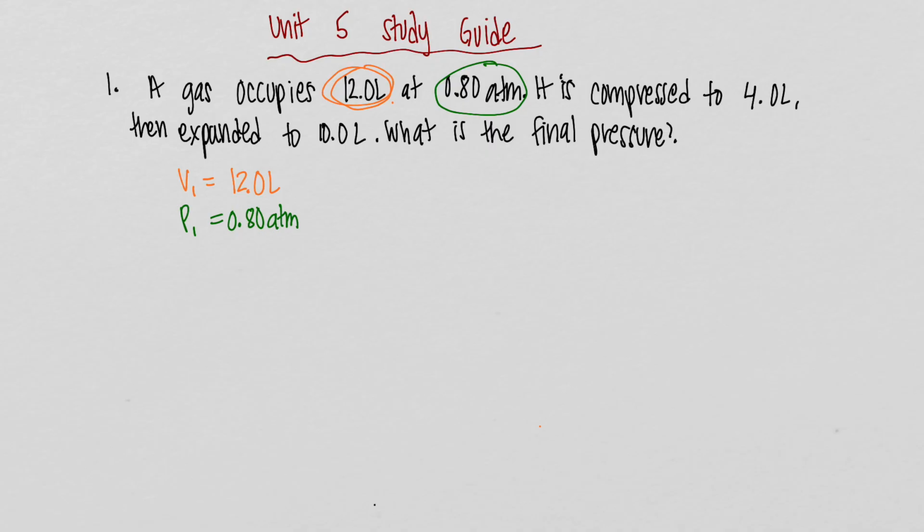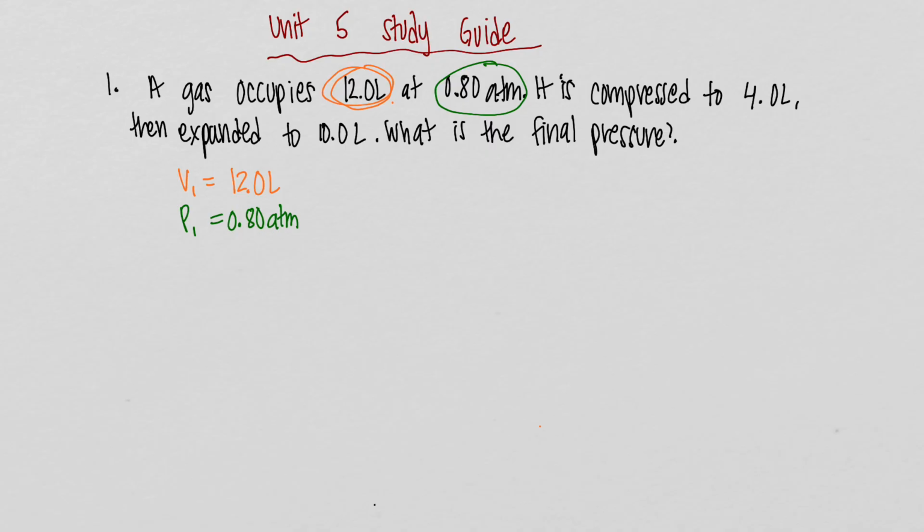So what we're going to have to do is, because our pressure is going to be changing when it's compressed and expanded with those different volumes, we're going to have to solve these in a couple steps. So again, this does come off to be like a multi-step problem. However, since it is just pressure and volume and everything else seems to stay constant, right? Nothing else is changing. They're not telling you something about temperature or anything like that.